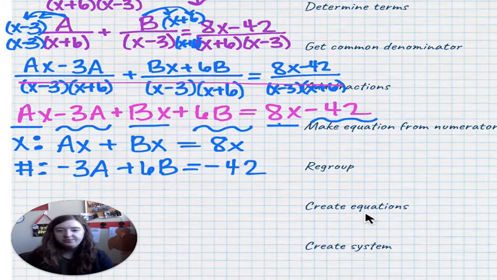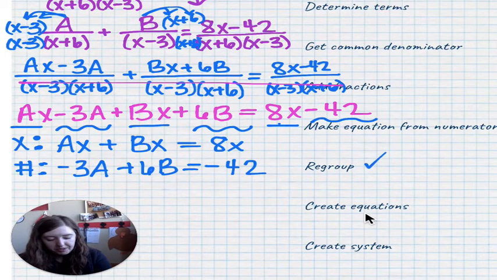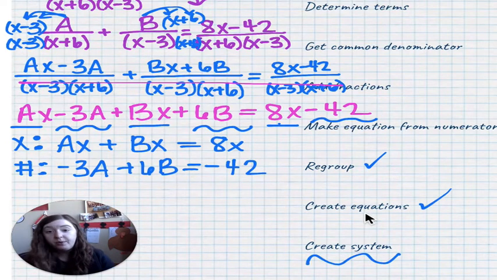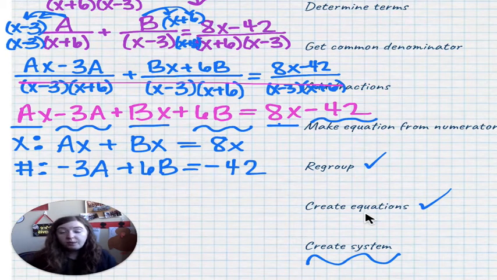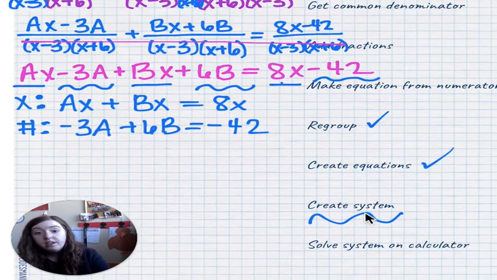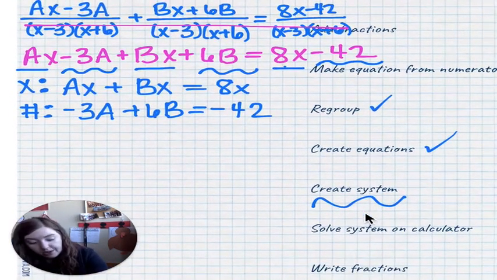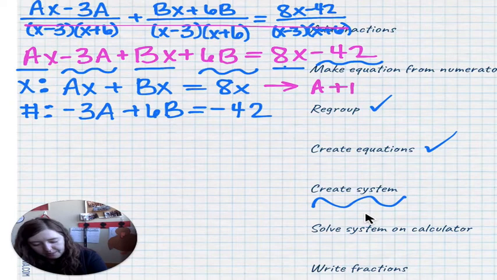So we regrouped. We created our equations. Now we want to create a system of equations. This is my system right here. So what we want to use is that augmented matrix that we did last time. So let's look at our coefficients. We're going to think about this guy as just A plus B equals 8.